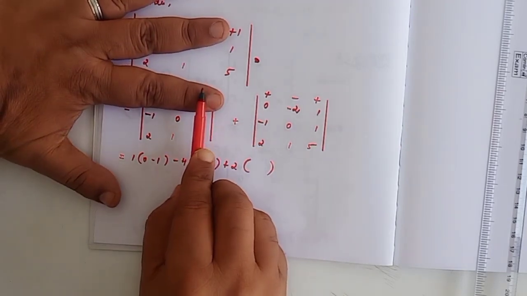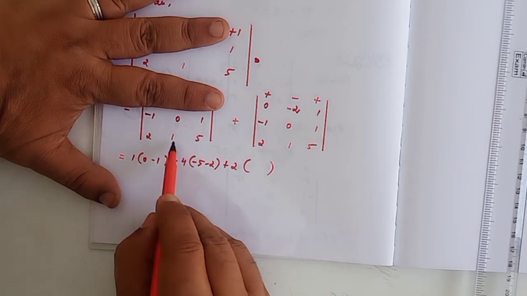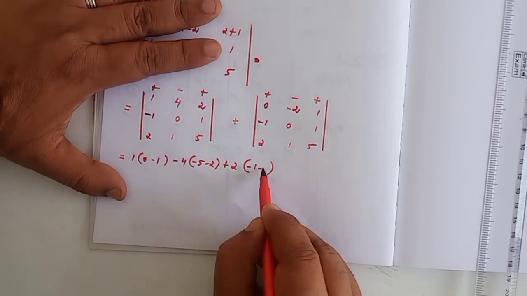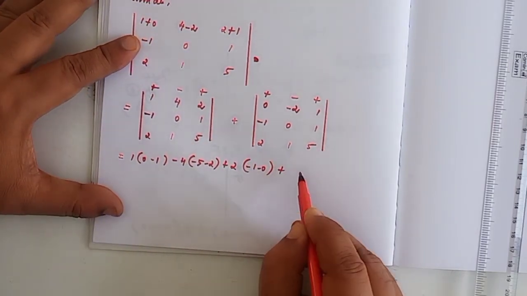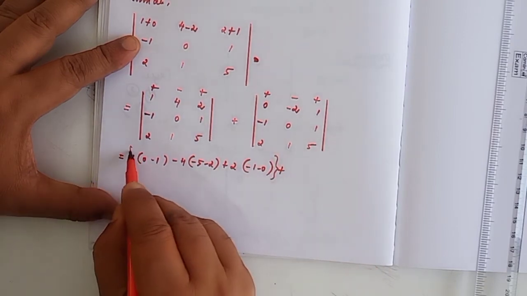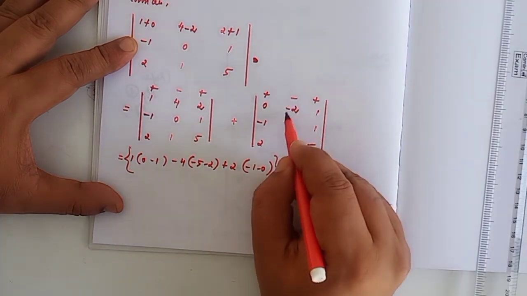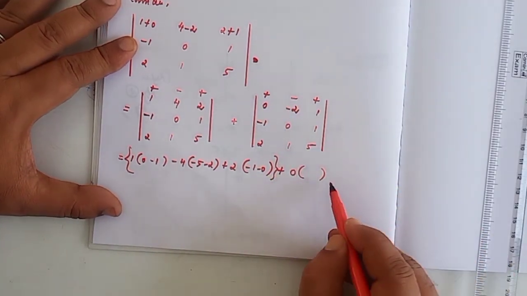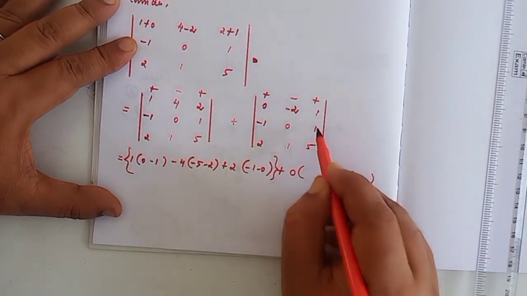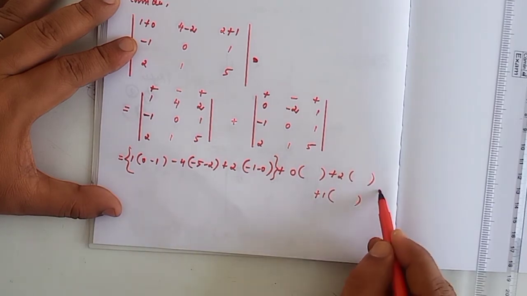These 4 elements have to multiply: minus 1, 0 for this, plus this part is over here, 0 into minus, plus 2 into, and plus 1 into.